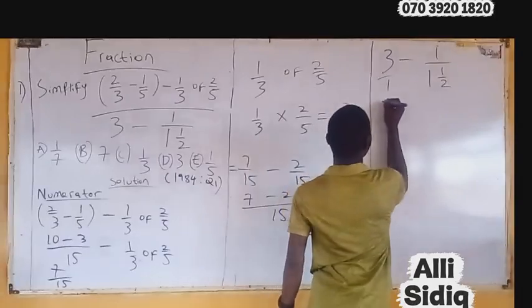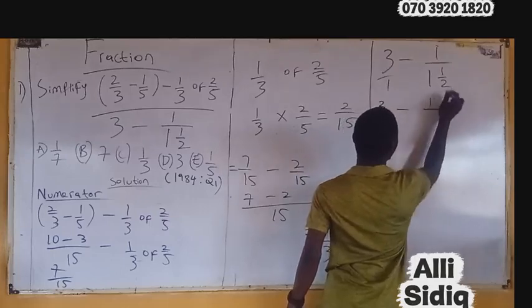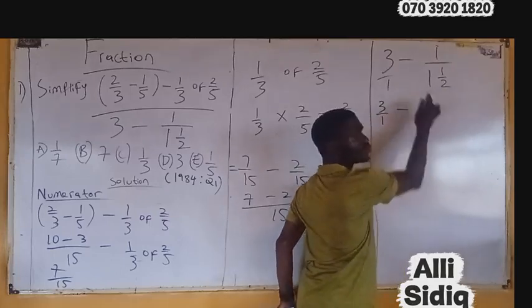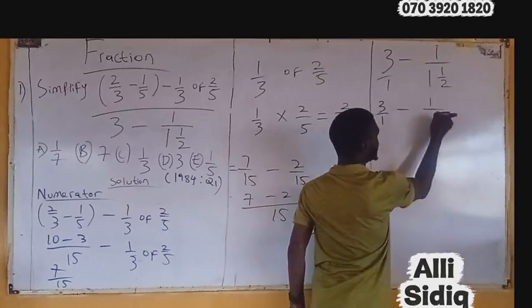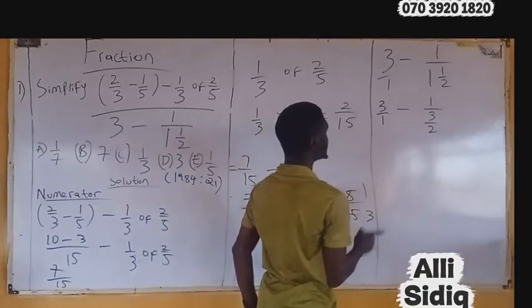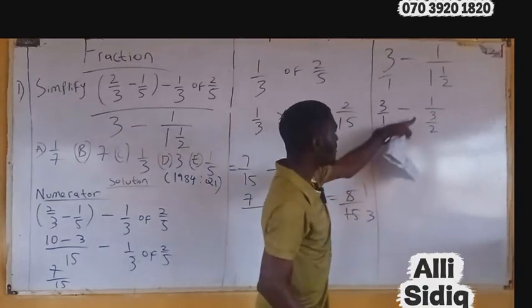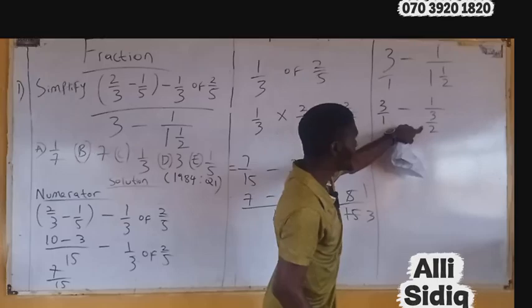So let's do that. That becomes 3 over 1 minus 1 over 2 times 1, 2. 2 plus 1, 3 becomes 3 over 2. So what you now have is 1 divided by 3 over 2.